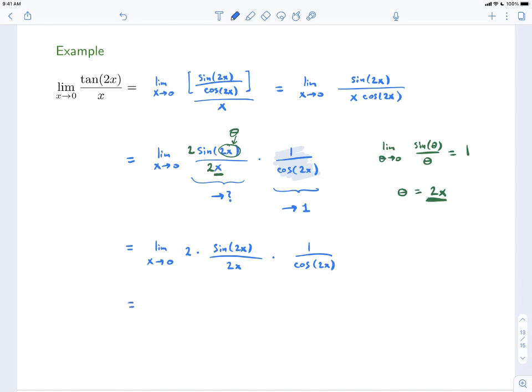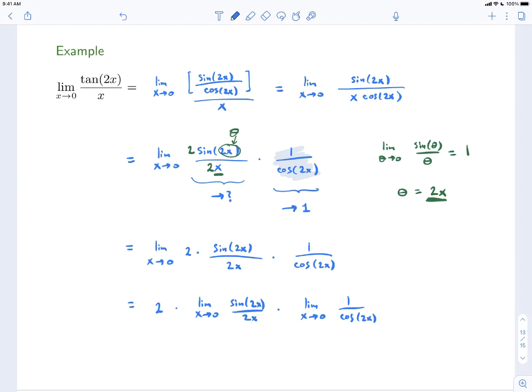So this is going to be 2 times the limit as x approaches 0 of sine of 2x over 2x times the limit as x goes to 0 of 1 over cosine of 2x. So you can take a limit of a product and write it as a product of limits provided all of those limits exist.